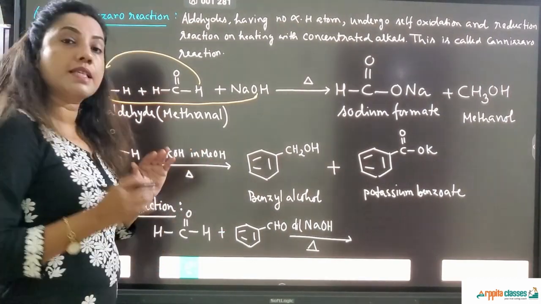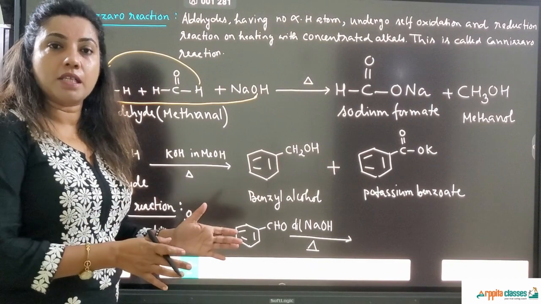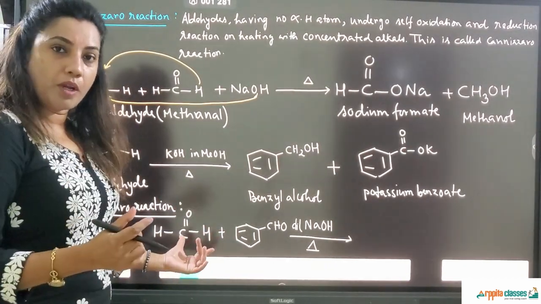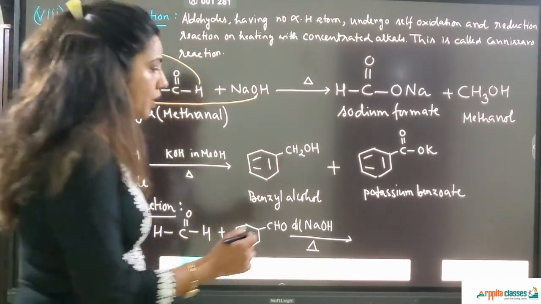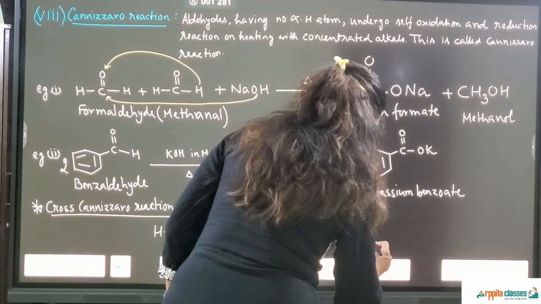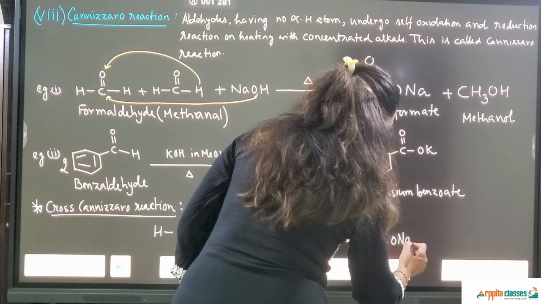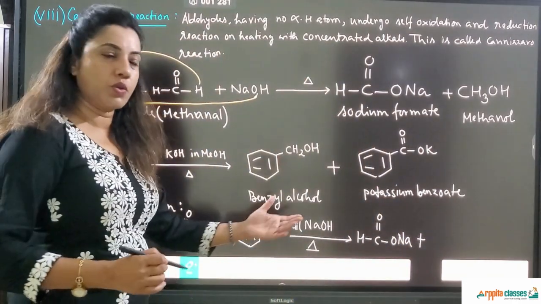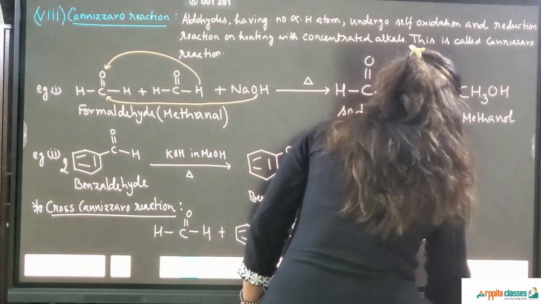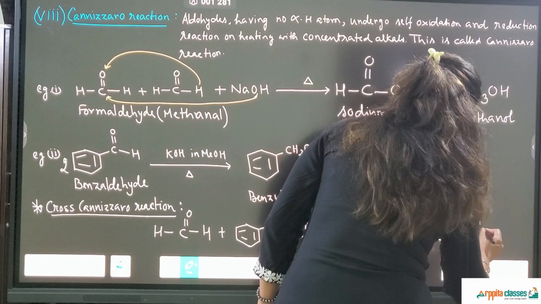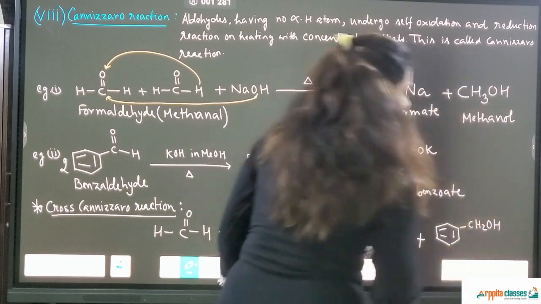The molecule which has lesser molecular mass will get oxidized. So here formaldehyde has lower molecular mass, so that will get oxidized to sodium formate. So you get HCOONa, and the other molecule, benzaldehyde, will get reduced to benzyl alcohol. This is called the crossed Cannizzaro reaction.